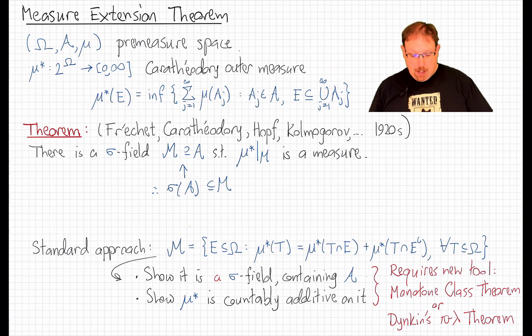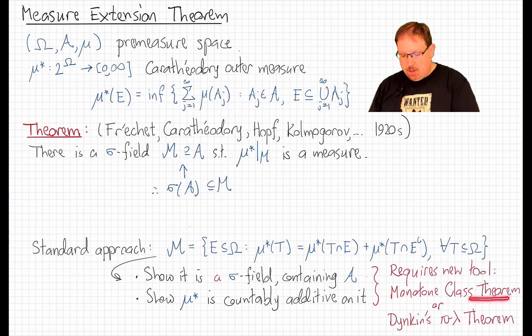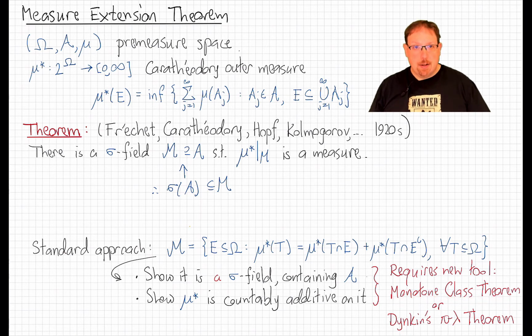Nevertheless, one can then show that this is indeed a sigma field, that it contains the original field A, and that mu star is a countably additive measure on it, concluding the proof. All of the proofs of these facts require at least one new tool that we have not added to our tool bag. Many of them use something called the monotone class theorem.